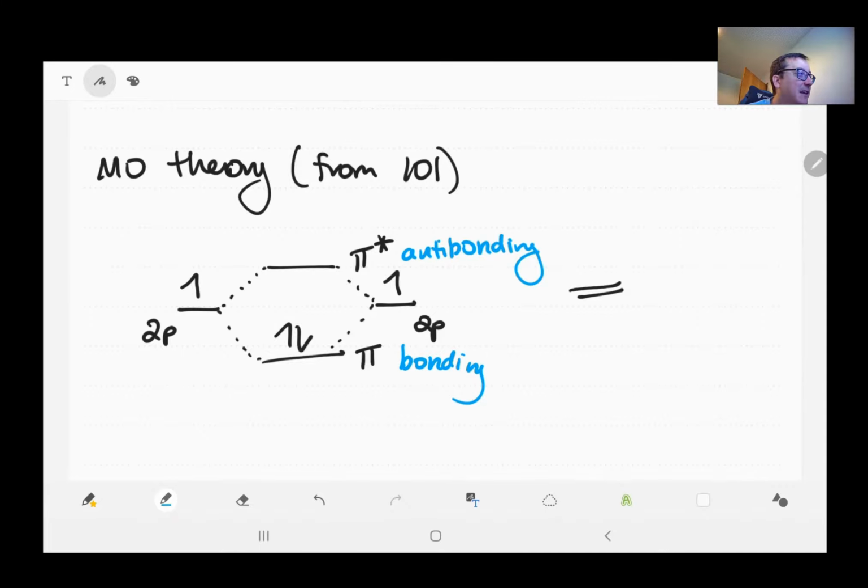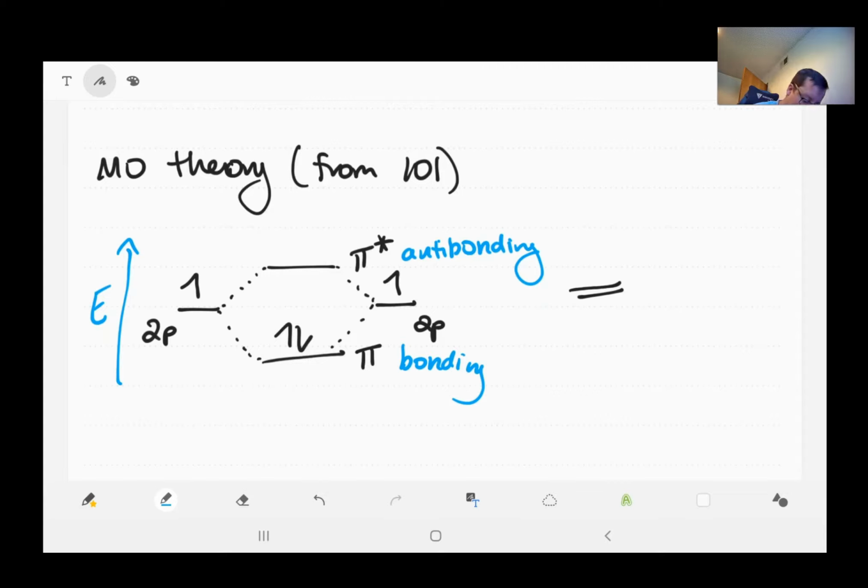Hopefully we remember these things. Our electrons are going to want to go into the lowest energy orbitals. They form these molecular orbitals because they're going to be energetically favorable. As we can see, as energy goes up on the side here, we're coming lower in energy by putting our p electrons into a pi bonding orbital. If we had more electrons, we'd have to put some in anti-bonding, but thankfully we don't have to do that because we only have 1 pi electron that we deal with double bonds.